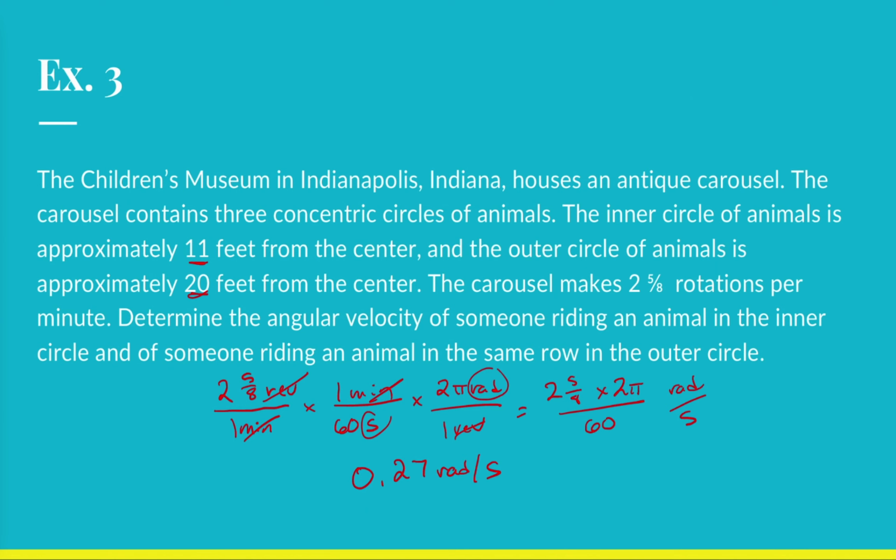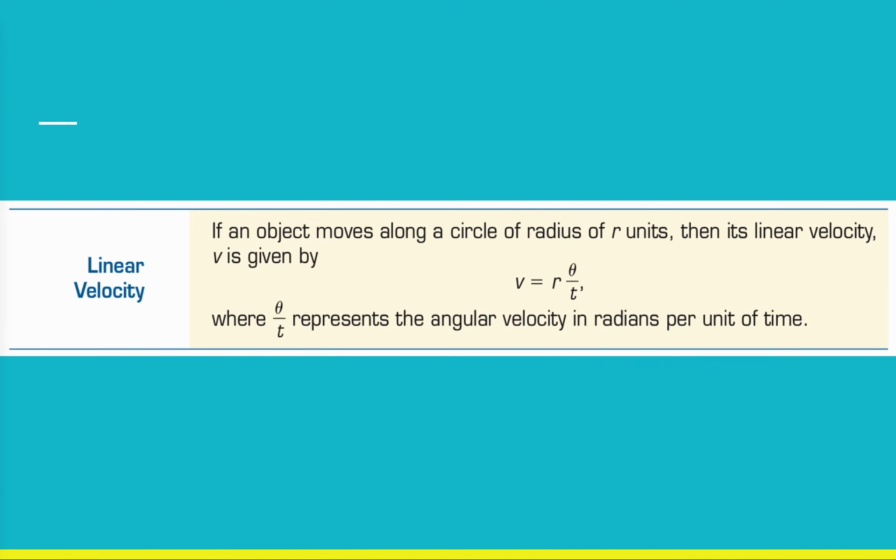They both travel at 0.27 radians per second. So the angular velocity is about how fast an object is spinning, and is not related to the radius or the size of the circle.